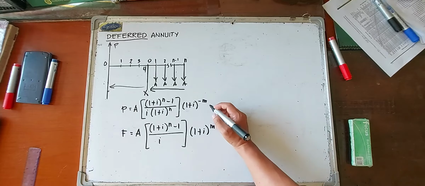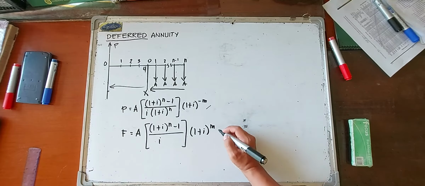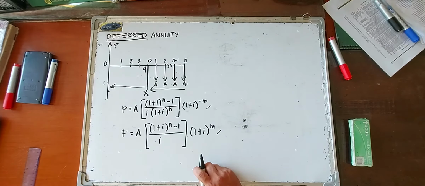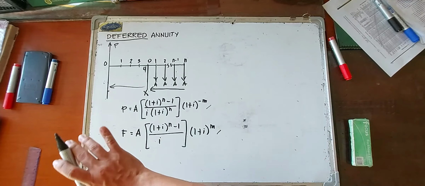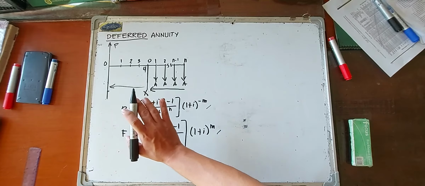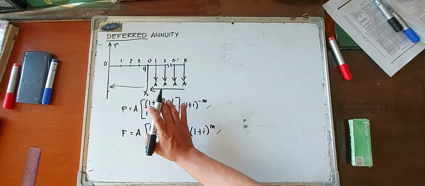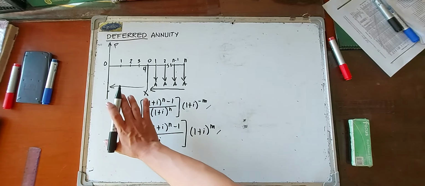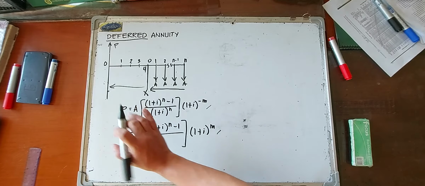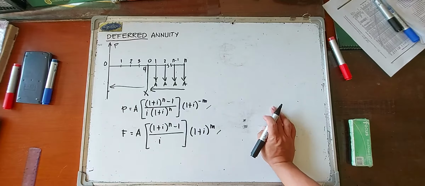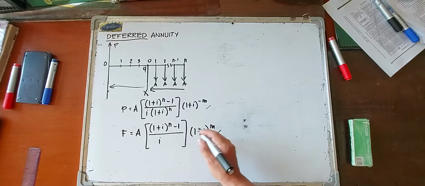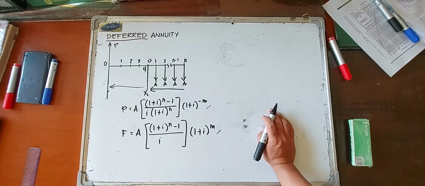Okay, so basically we're just going to apply these two formulas, no? Or you can forget these two formulas and just apply the concept of economic equivalence or the equation of value. So you may actually forget this and just apply the equation of value or the concept of economic equivalence, because na-derive lang naman to using those principles, no?